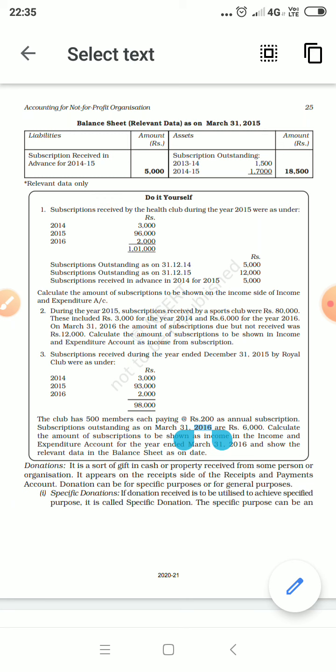Let us make it as 2015. Are rupees 6,000. Calculate the amount of subscription to be shown as income in the income and expenditure account for the year ended March 31st, 2000. Again it is 2015. And show the relevant data in balance sheet.